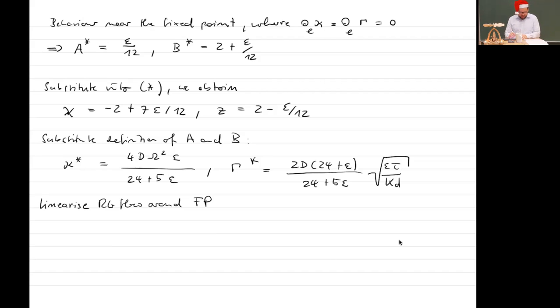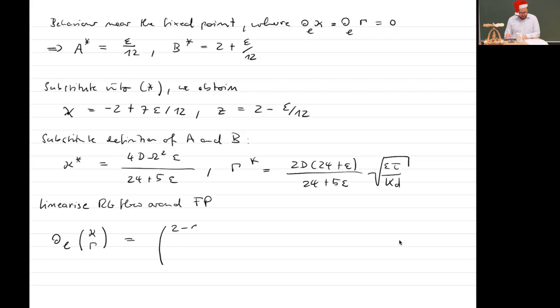It's just an expansion around the value of the fixed point. And what we get is that L in now the vector form kappa gamma is equal to, that's the Jacobian of our flow equation.